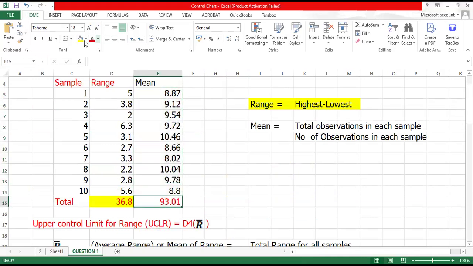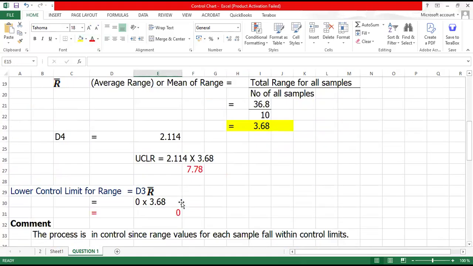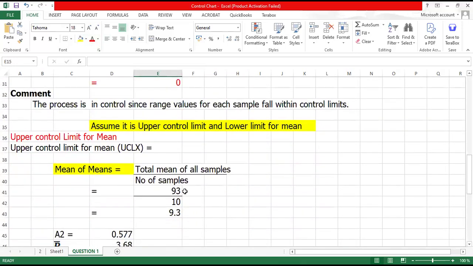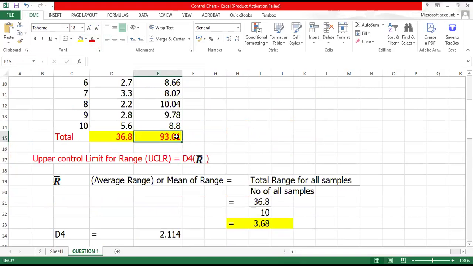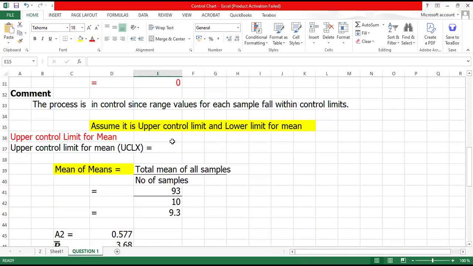Total mean for all samples is 93. Then you divide by the number of samples, 10. What do you get? You get 9.3. So that will be your X with 2 bars, mean of means.